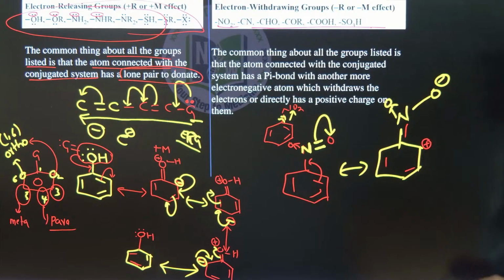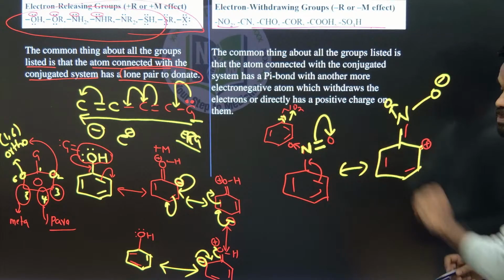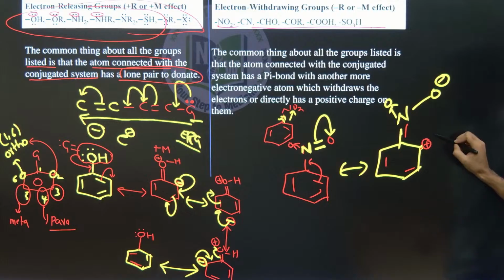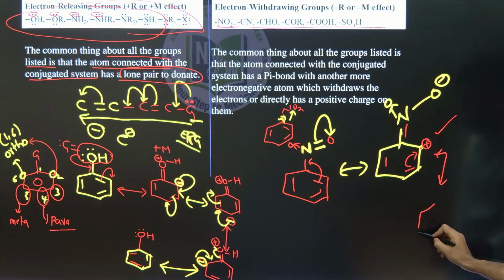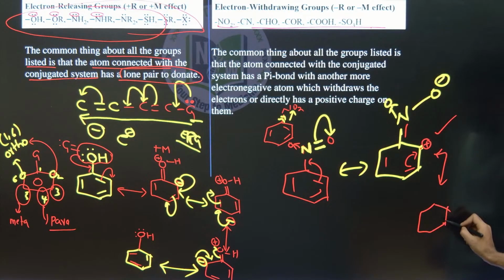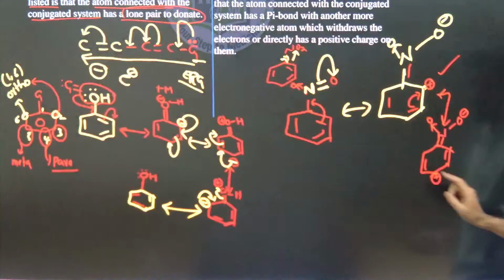Now carbon having positive charge, this carbon position is now the ortho position with respect to this adjacent position. So ortho position with a positive charge, again it will shift here. Like this, again you have the positive charge at the para position, the fourth position.